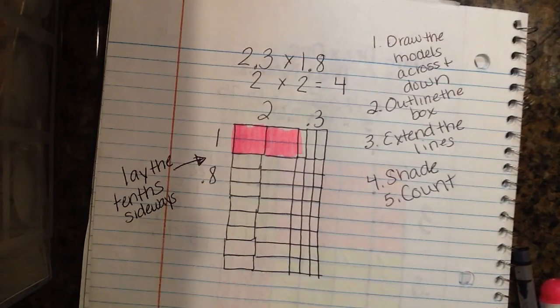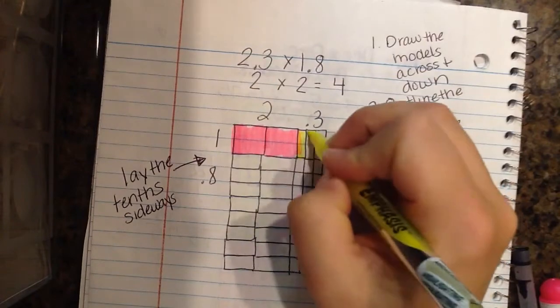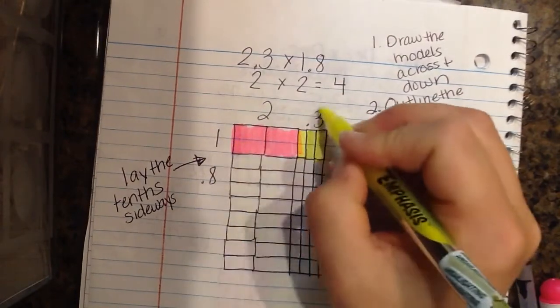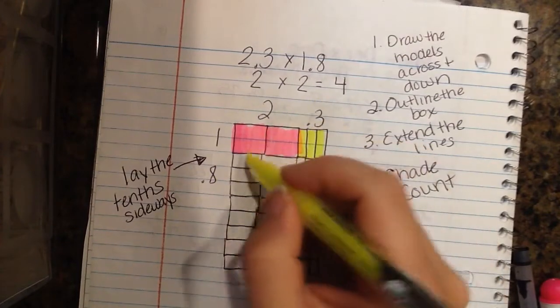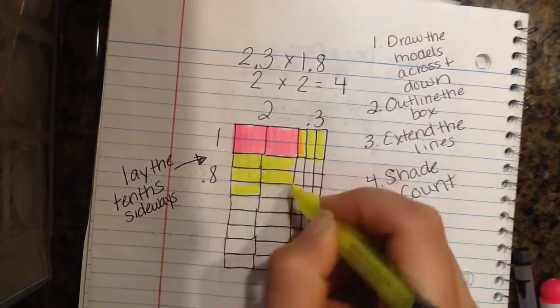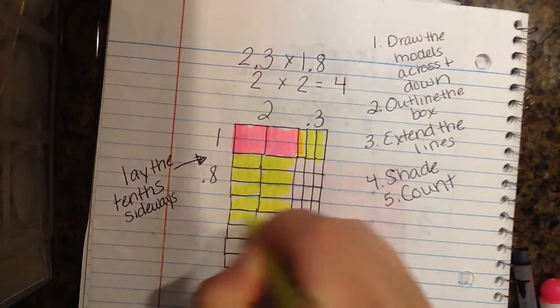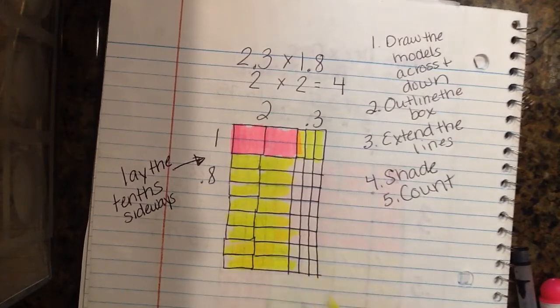So now I'm going to do my tenths. Remember, I have 2 spots for my tenths to go in. I have 1 group of 3/10. Now I have 2 groups of 8/10. 1, 2, 3, 4, 5, 6, 8, 9, 10, 11, 12, 14, 15, 16.